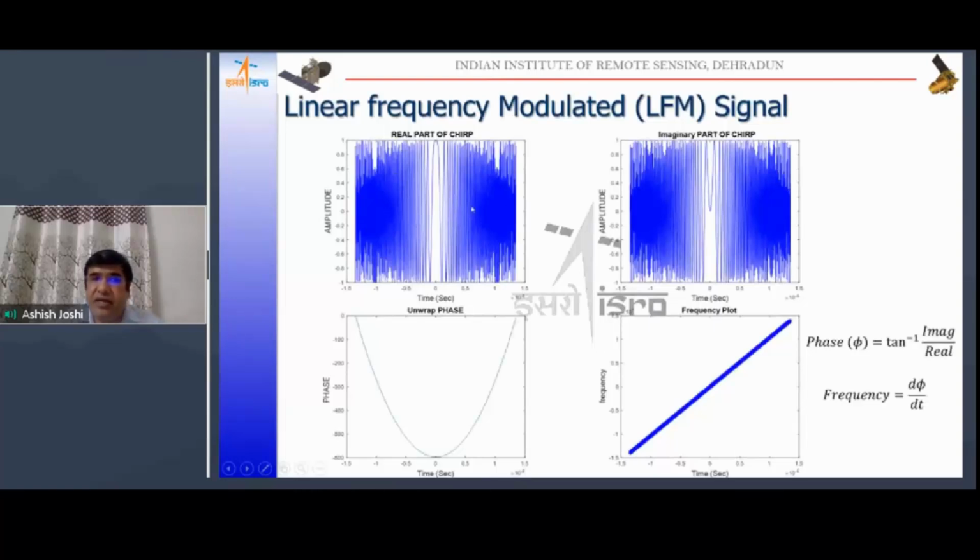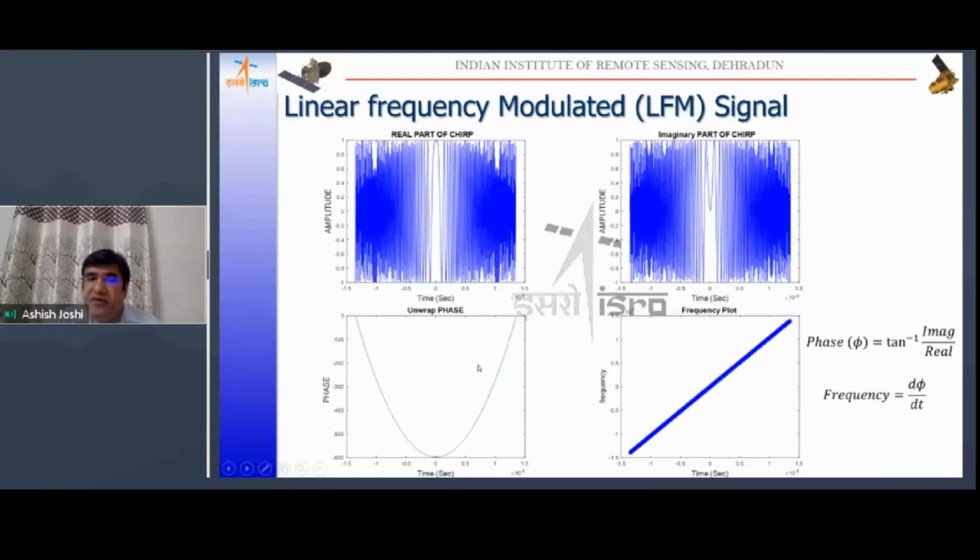This is called the real part of the chirp. Chirp is also called the LFM, another name for the LFM signal. This is the real part of the chirp, and this is the imaginary part. Phase is given by the tan inverse of imaginary part by real, and the frequency is d phi by dt.